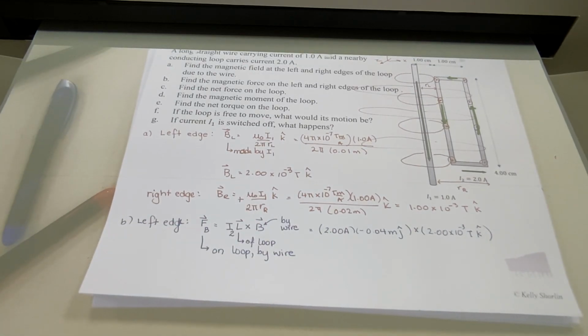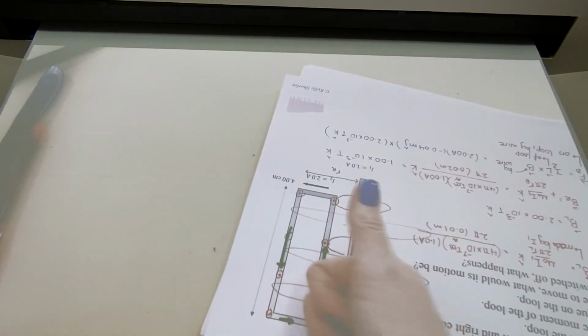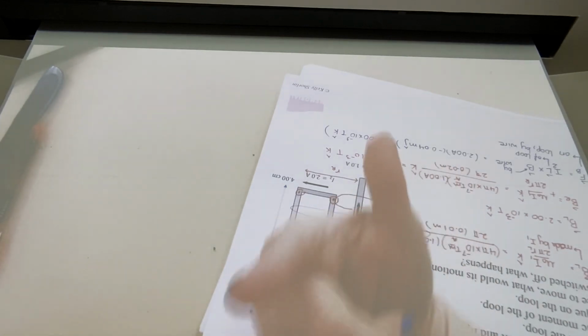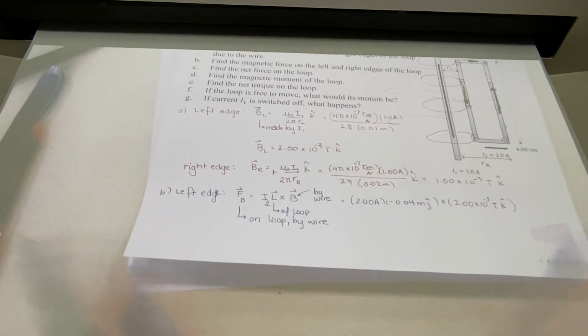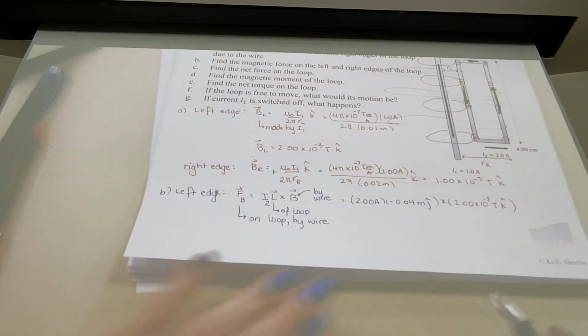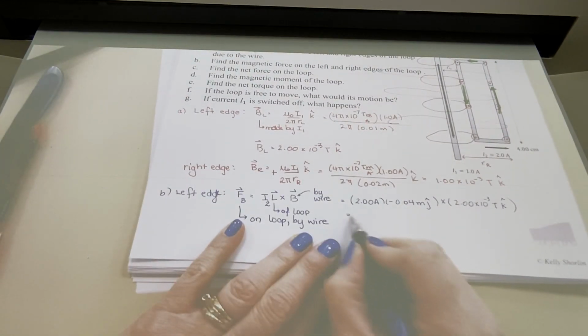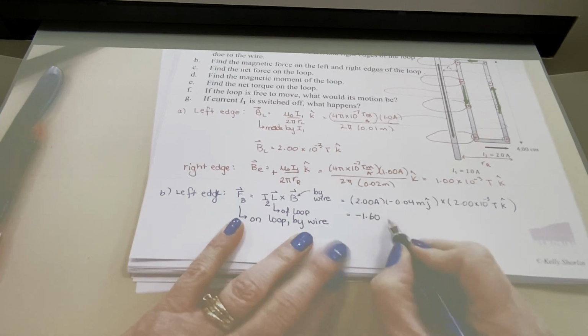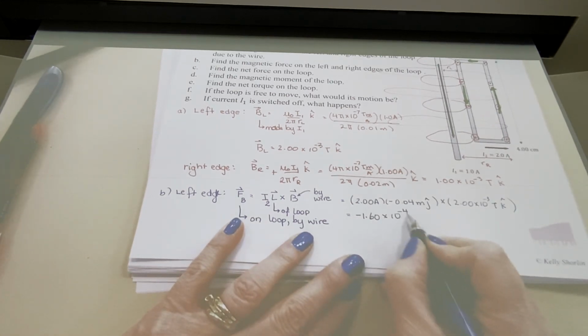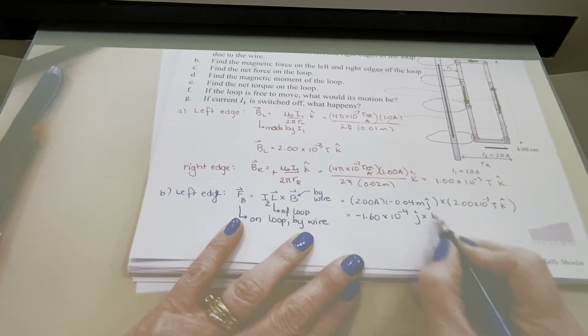hat. If you wanted to do magnitude and direction, that's fine as well. So for magnitude and direction, you do IL cross B will give us our force that points towards the wire, and our math will make that work out as well. So this gives us minus 1.60 times 10 to the minus 4 j cross k.